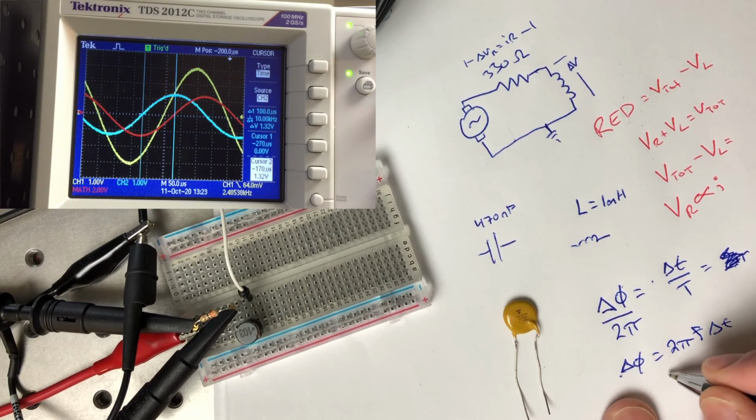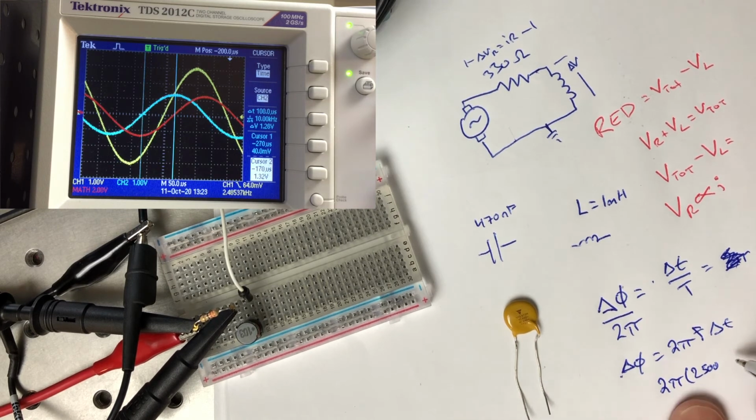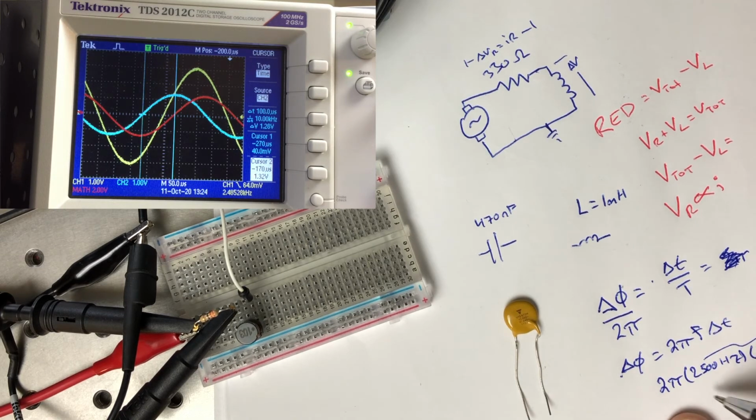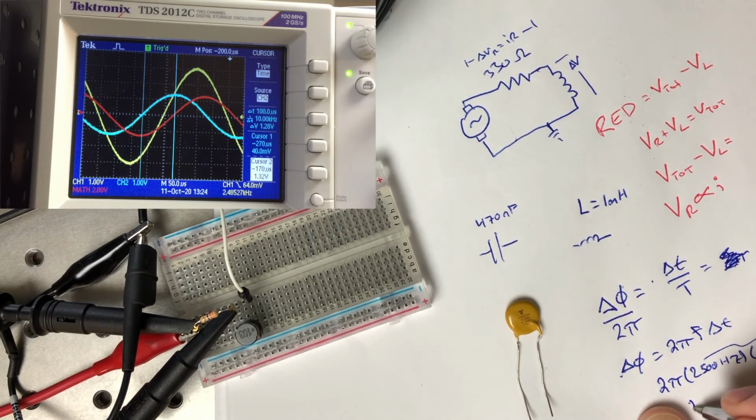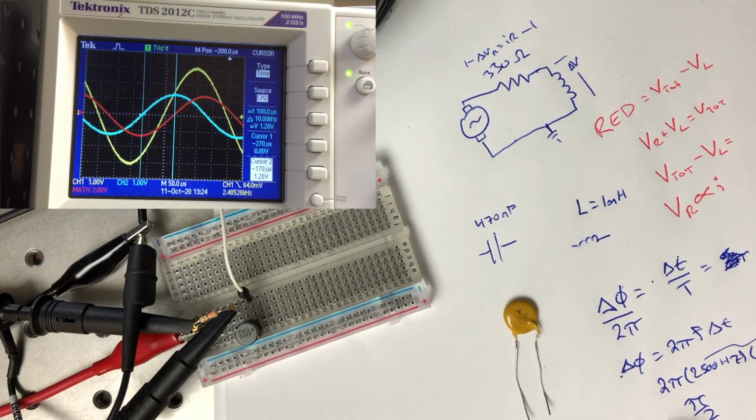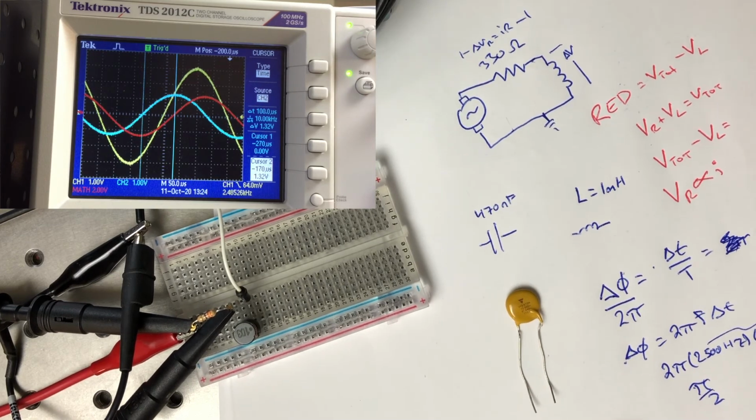In this case, I have 2 pi times 2500 hertz, and delta t is 100 microseconds, or 10 to the minus 4 seconds. So I have 2500 times 10 to the minus 4, that's 0.25, times 2 gives me pi times a half, or pi over 2. So my phase shift is indeed pi over 2 radians.